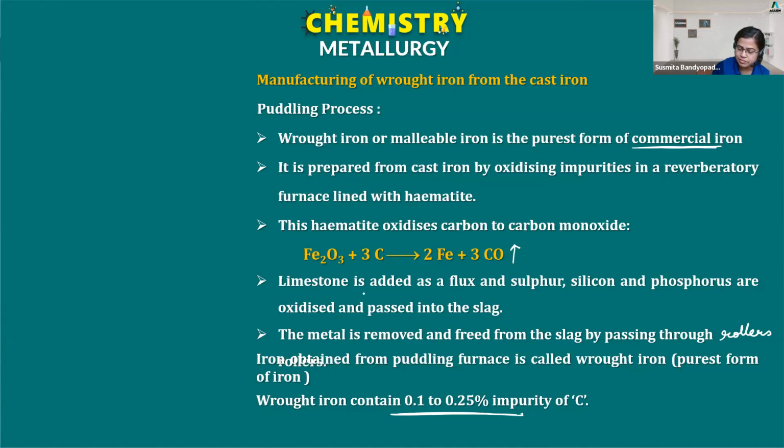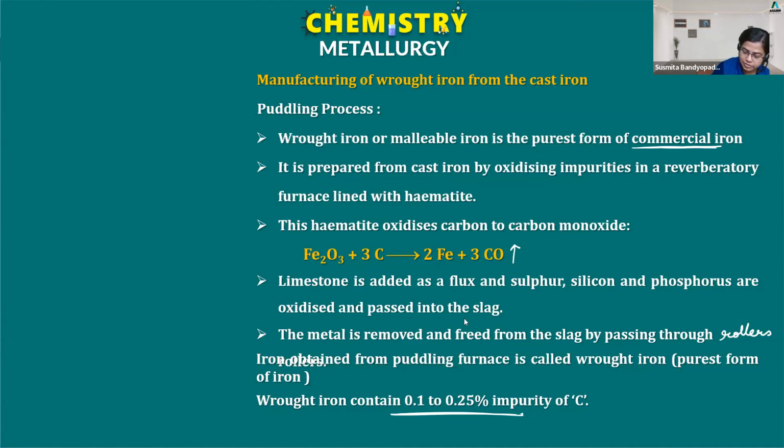Limestone is also added as a flux. And sulfur, silicon, phosphorus are oxidized and passed into the slag. So when you're oxidizing the cast iron along with those impurities, silicon oxide, sulfur oxide, phosphorus oxide will be formed. So we get acidic oxides as the impurities.